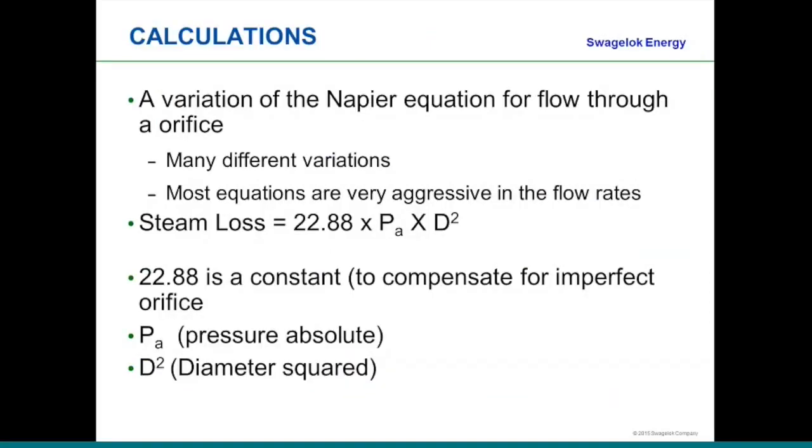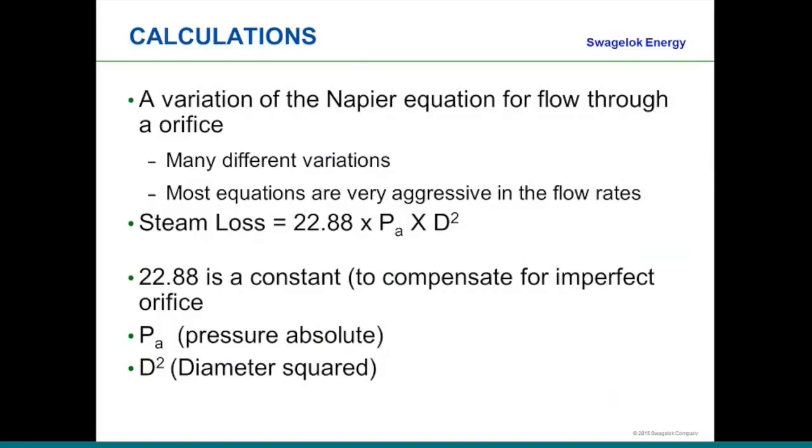The calculation, just to use a variation of Napier's equation for flow through an orifice, there are many different variations. So most equations are very aggressive for flow rates. Steam loss, we typically use a 22.88 times pressure absolute times diameter square.